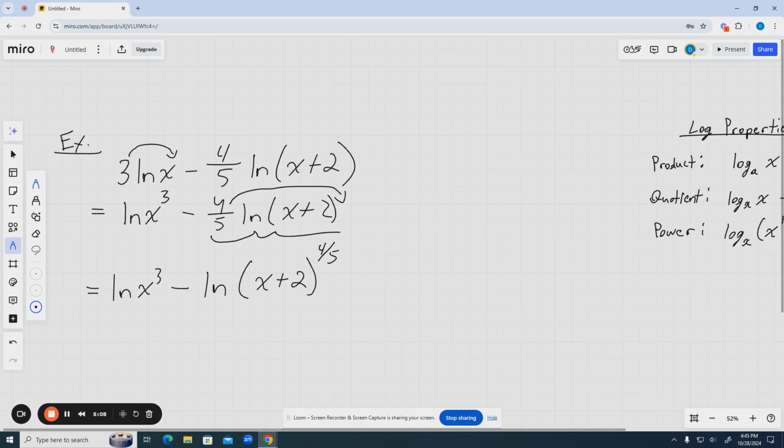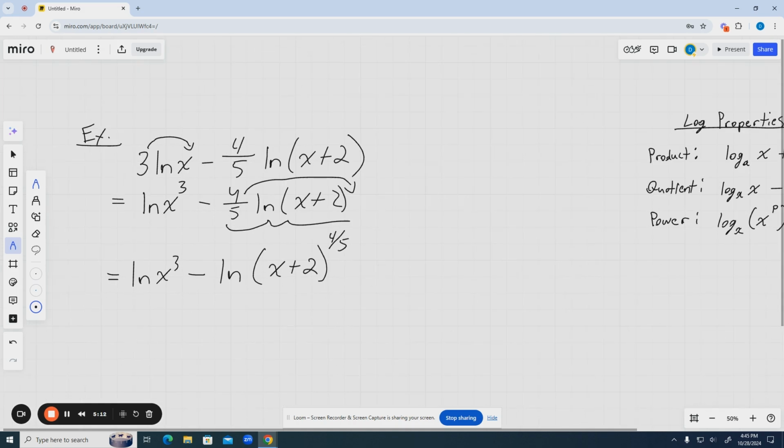And algebraically, I can keep it like that, but I can also rewrite this ln of x plus 2 another way, as the 5th root of x plus 2 to the 4th power.